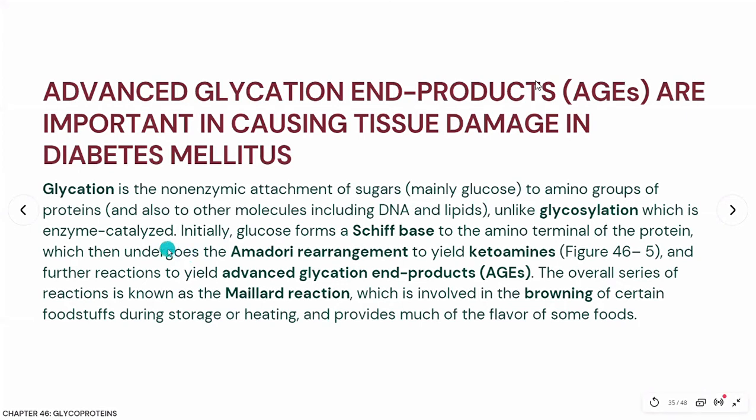Now, this is subjected to heat, and further reactions yield advanced glycation end products. The overall series of reactions is known as the Maillard reaction. It's involved in the browning of certain foodstuffs during storage or heating and provides much of the flavor of some foods.